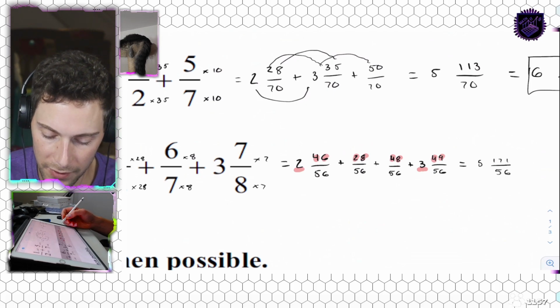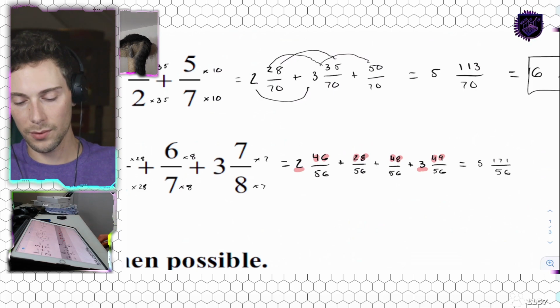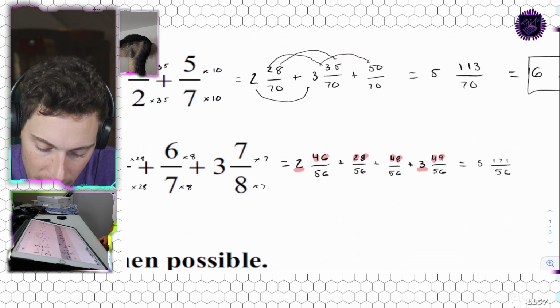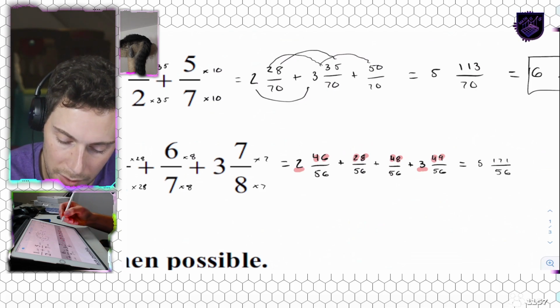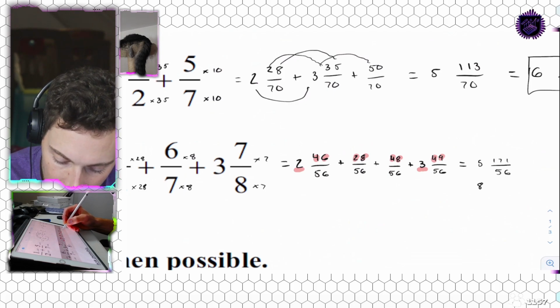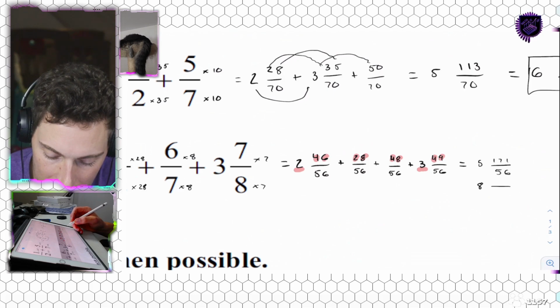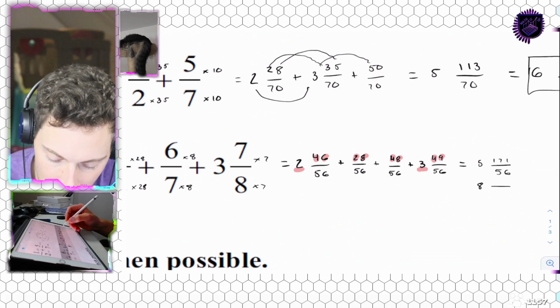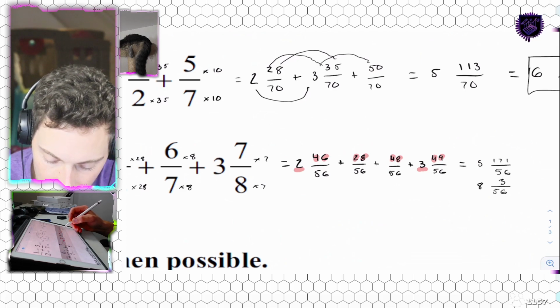What groups of 56 are in there? 56, 3 groups. Yeah, 3 groups. So that'd be 8. And what would 56 be? 168. 168 would be 3. 3/56.